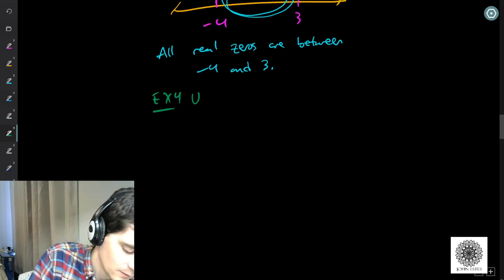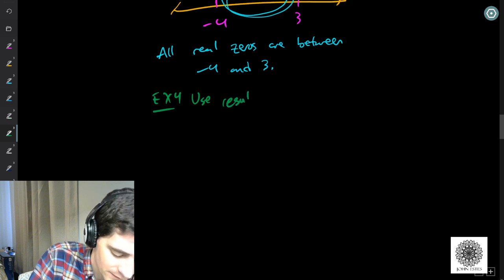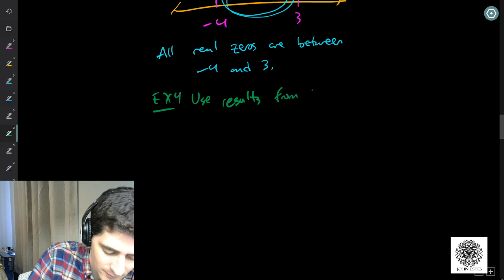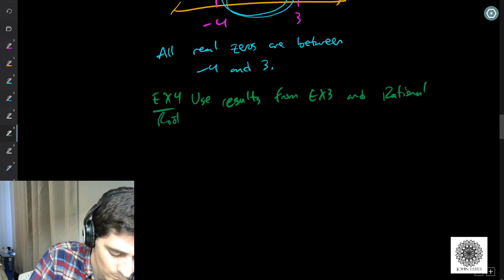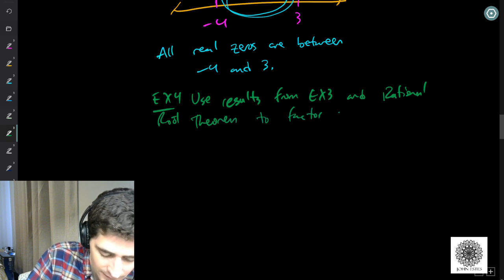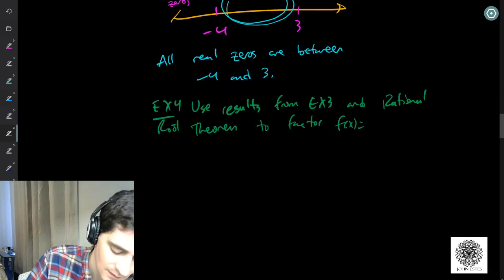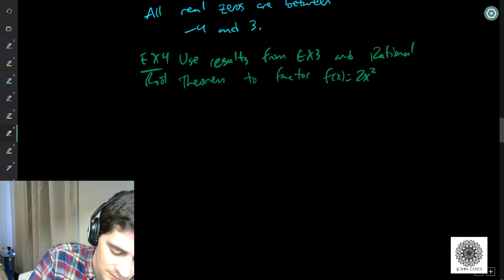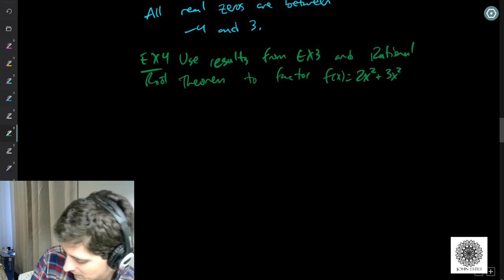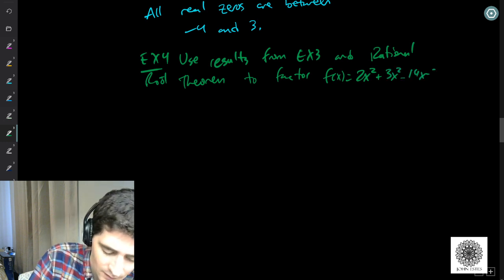It says use results from example 3 and the rational root theorem to factor f of x, which equals, what's this polynomial again? 2x cubed plus 3x squared minus 14x minus 21.